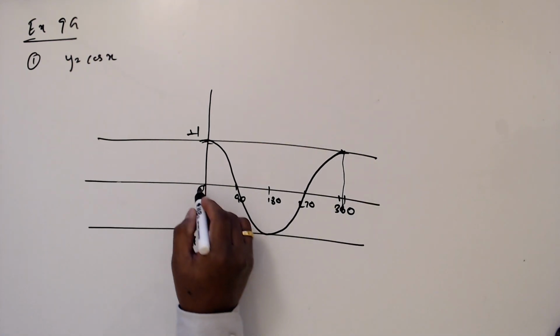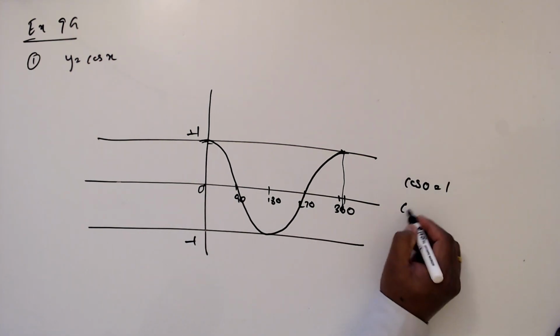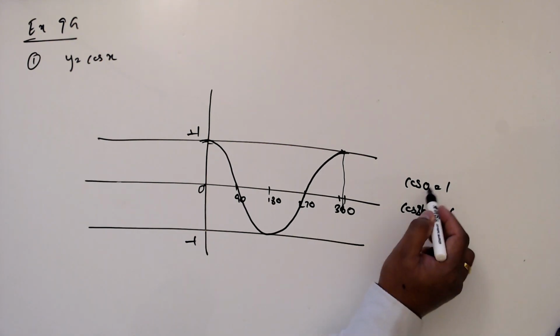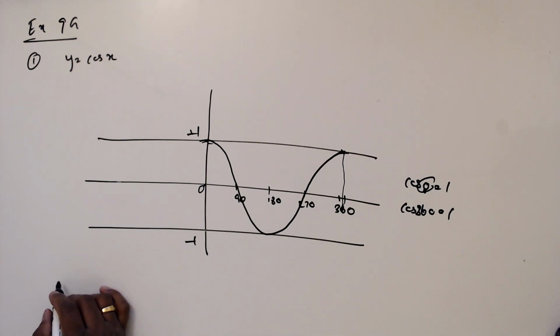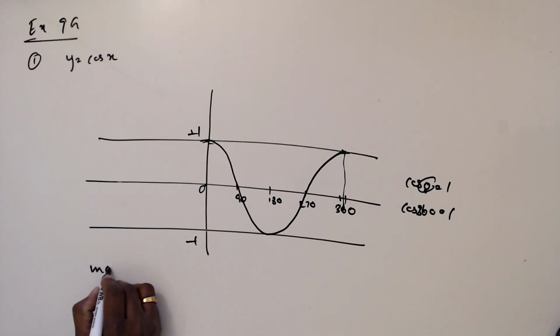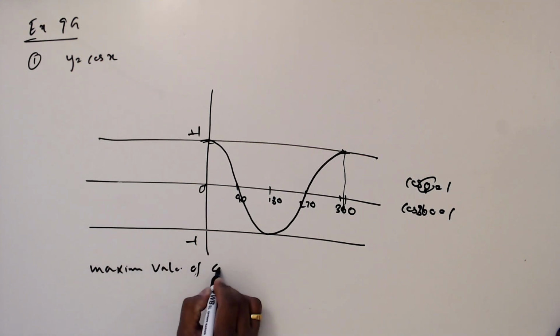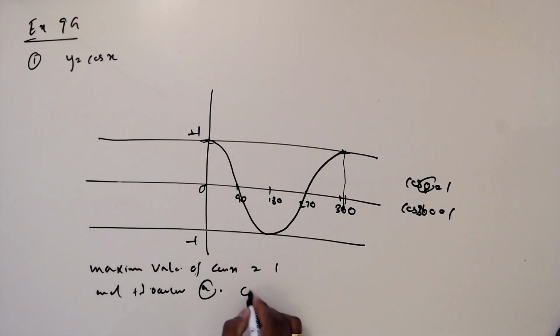So cos 0 is 1, cos 360 is also 1, but the smallest one is 0. So the maximum value of cos x is 1, and it occurs at 0.